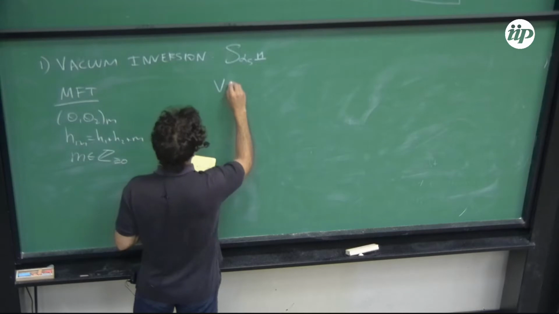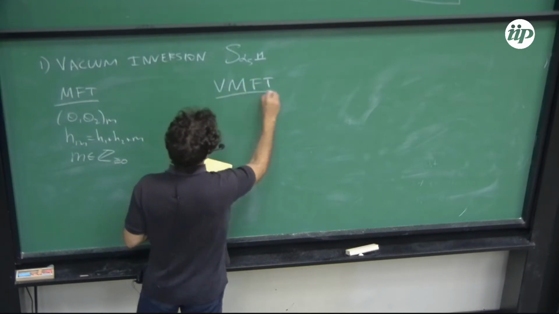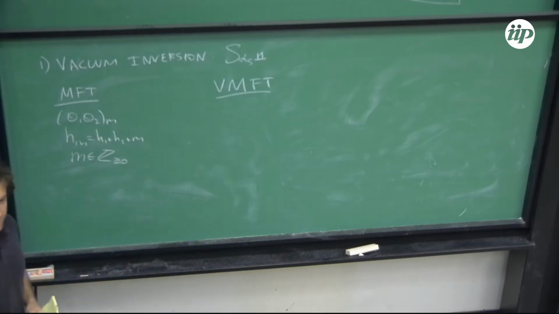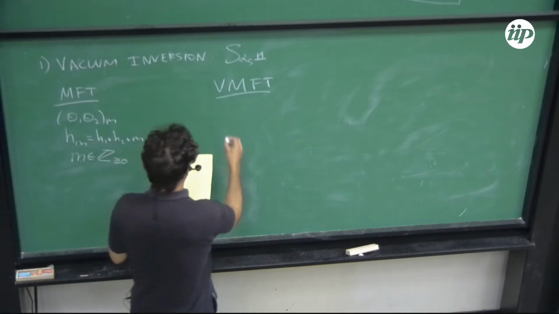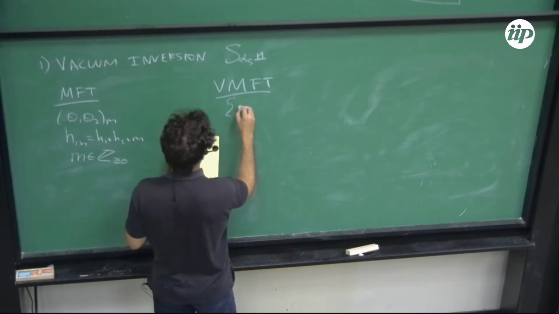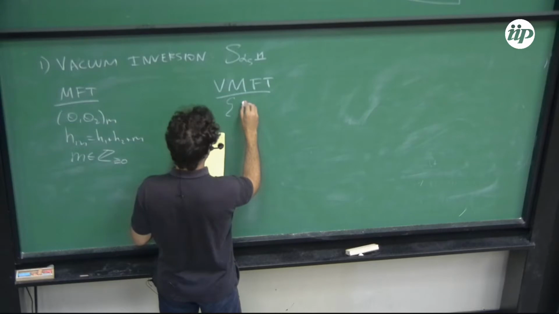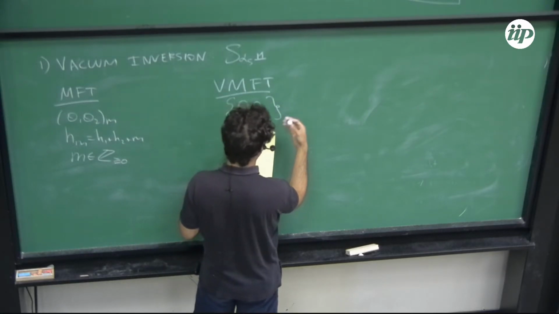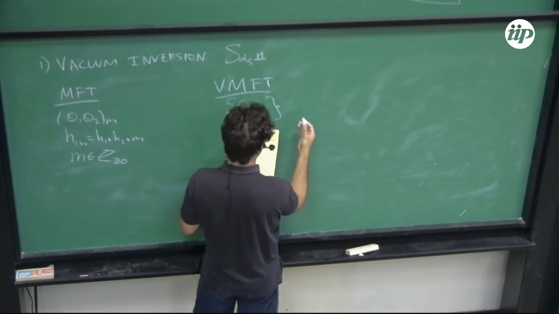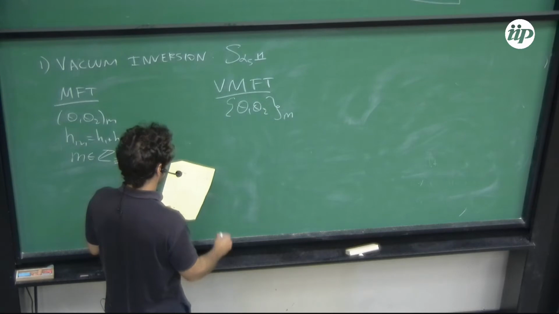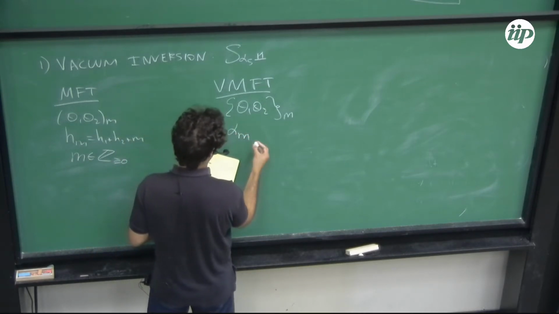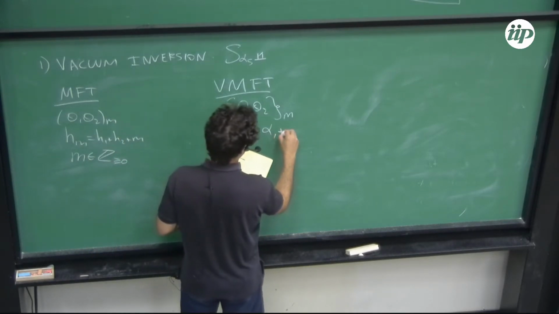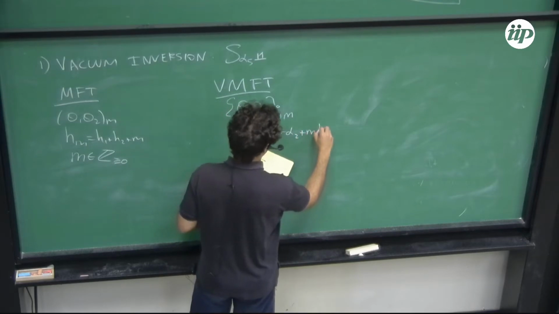The vacuum inversion leads us to define something that we'll call Virasoro mean field theory, or VMFT, which is generated by some sort of objects I'll put in curly brackets, which are like the Virasoro version of these double twists. And they have momentum alpha m equals alpha 1 plus alpha 2 plus mb.